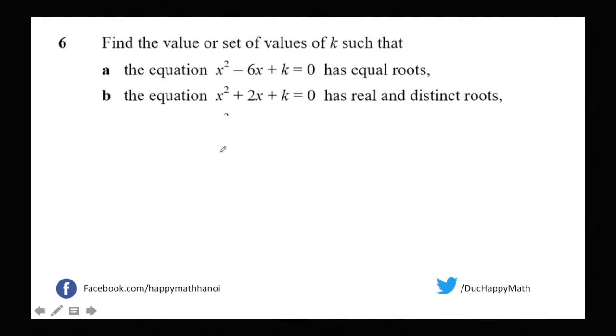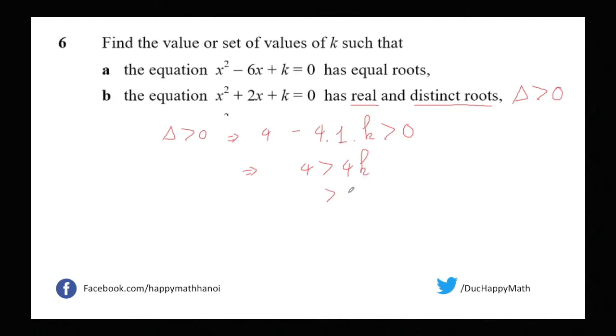Question B has real and distinct roots, which means delta is greater than 0. So delta greater than 0 means b squared, which is 4, minus 4ac is greater than 0. So we come back to the linear inequality. It means 4 has to be greater than 4k, and we divide both sides of this inequality by 4.